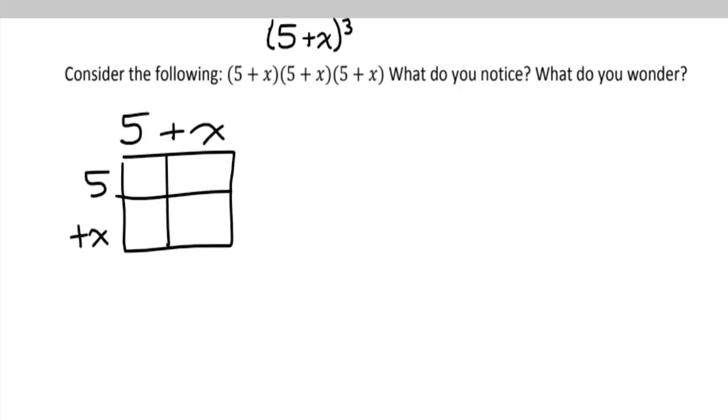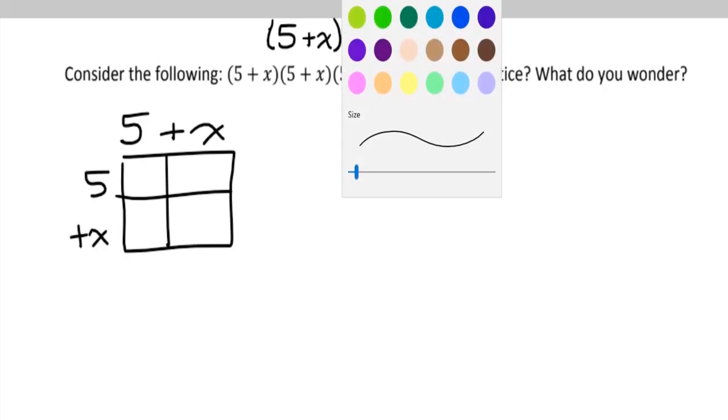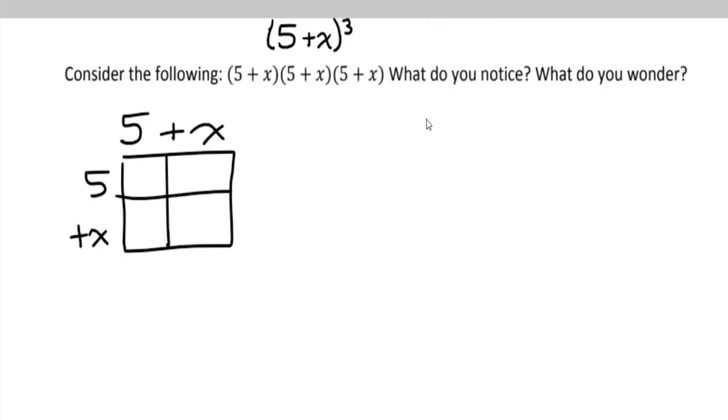Again, my answers are going to go in those 4 boxes, which means I have to do 4 small multiplication problems. Again, if I need to, which I definitely do in this case, I don't have any coefficients, and I have no exponent.